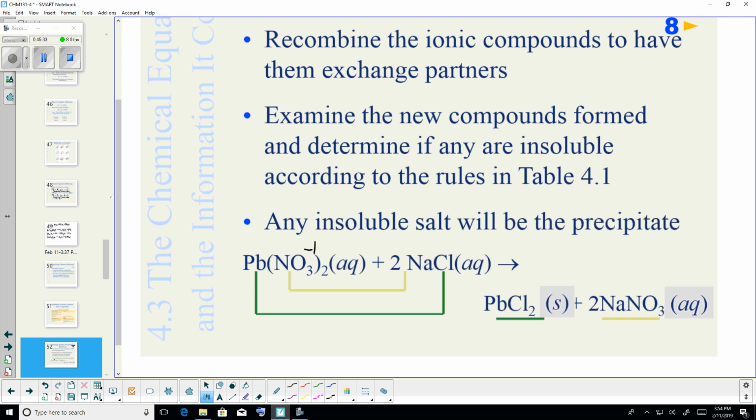Compounds are neutral, so the lead has to be +2. Sodium, we know, is +1. Chlorine is -1. So if lead is 2+, we're going to combine it with chlorine. We've got to have 2 chlorines.